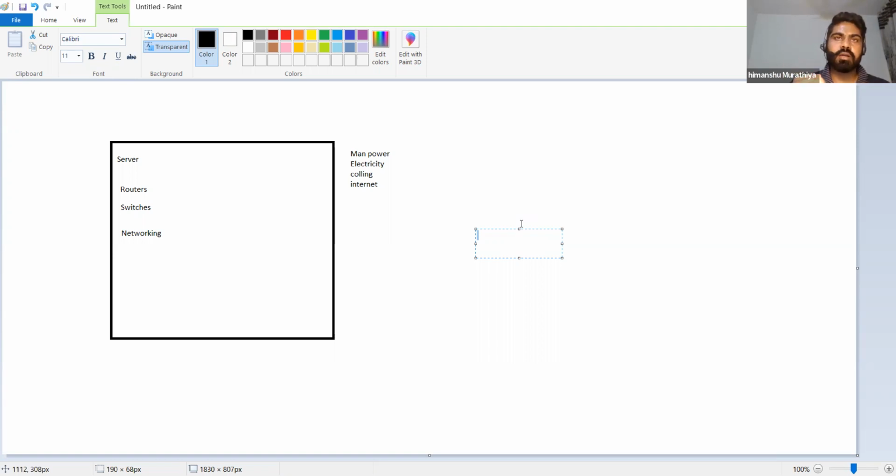If I want to host a simple website, these infrastructure items are still required to deploy that website. So the principal cost was very high. To reduce this infrastructure cost, the cloud computing concept came into the market.